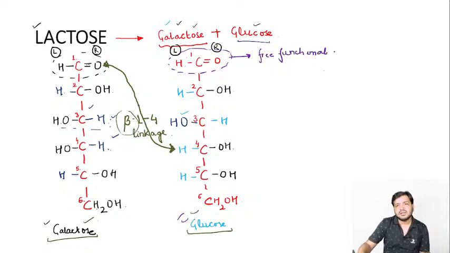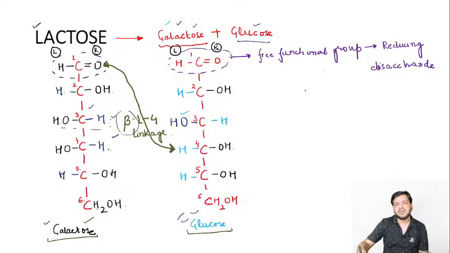And remember, it is a reducing disaccharide. And why is it reducing? Because it contains a free functional group that can be further reduced, okay? That's why it's a reducing disaccharide.